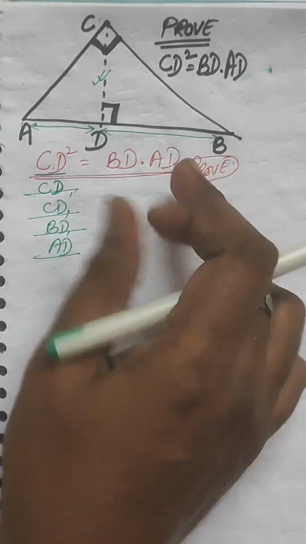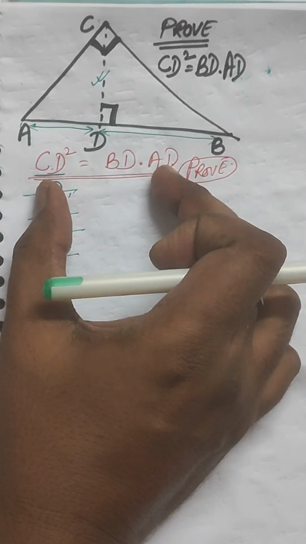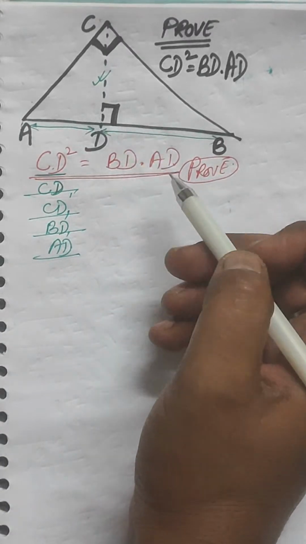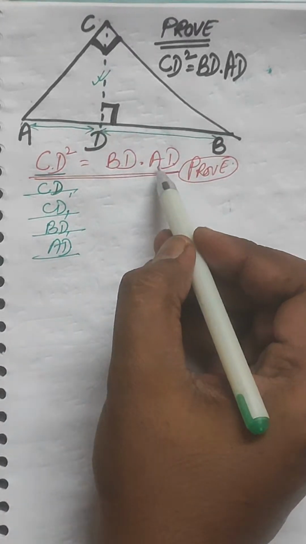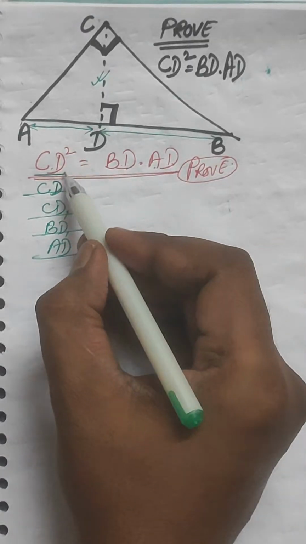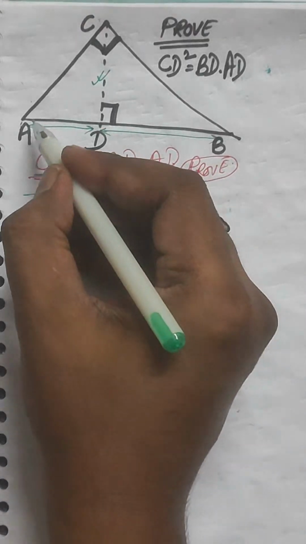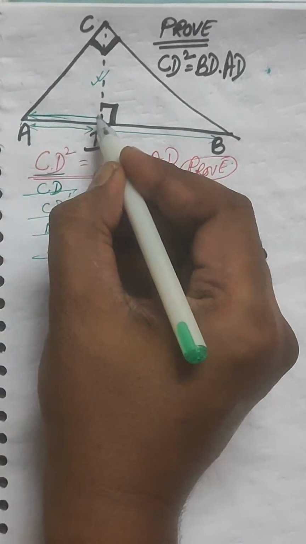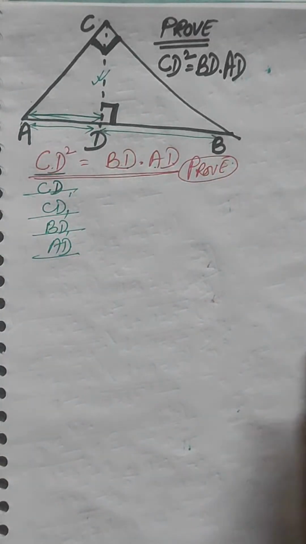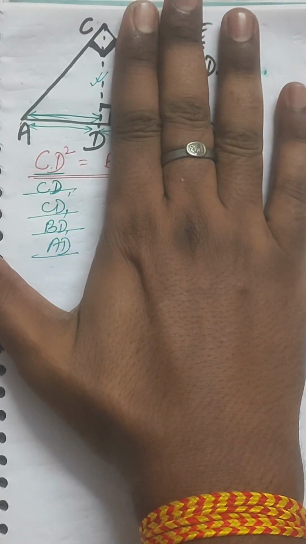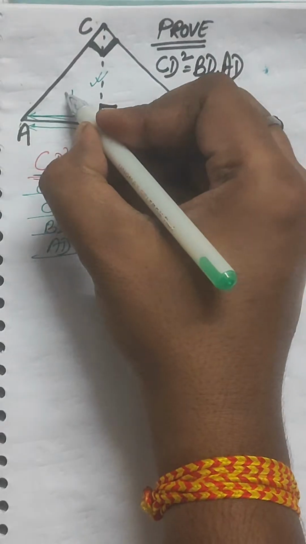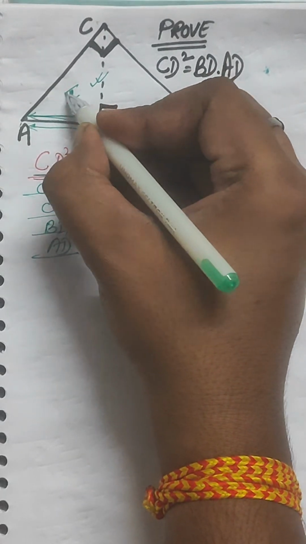From this observation, whatever triangles we consider should have the sides AD, BD and CD. So AD is the side of which triangle? This is the side of triangle ADC. So first of all, this triangle should be considered without fail.